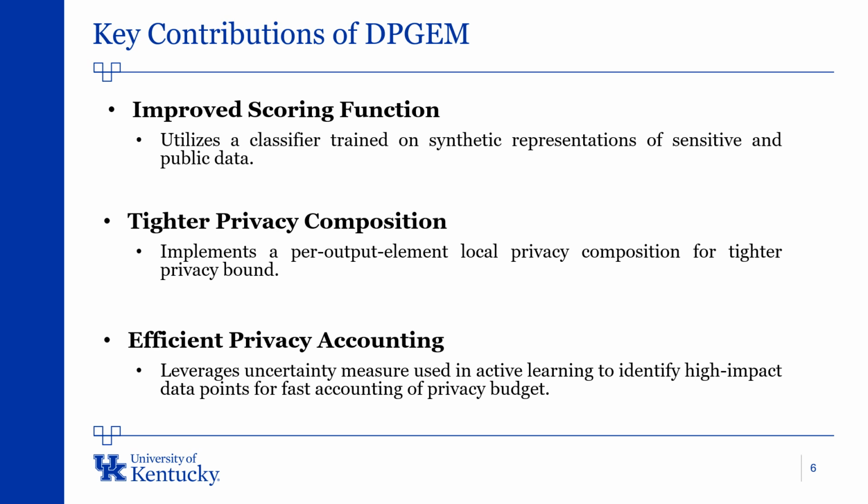Second, DPGEM implements a per output element local privacy composition method to obtain tighter privacy bound and hence release more samples. Third, we present a method for fast privacy accounting that is based on uncertainty measure used in active learning. Our method identifies high impact data points for fast accounting of privacy budget.